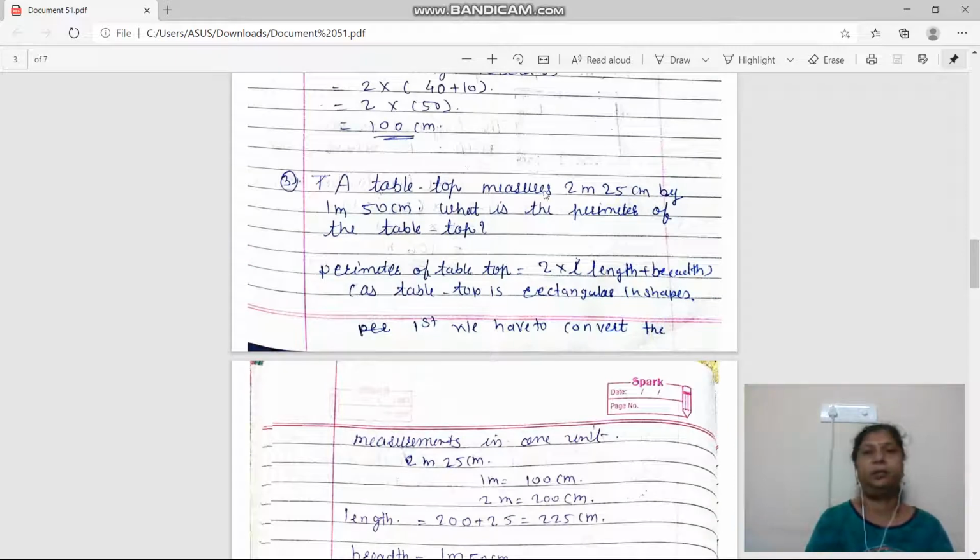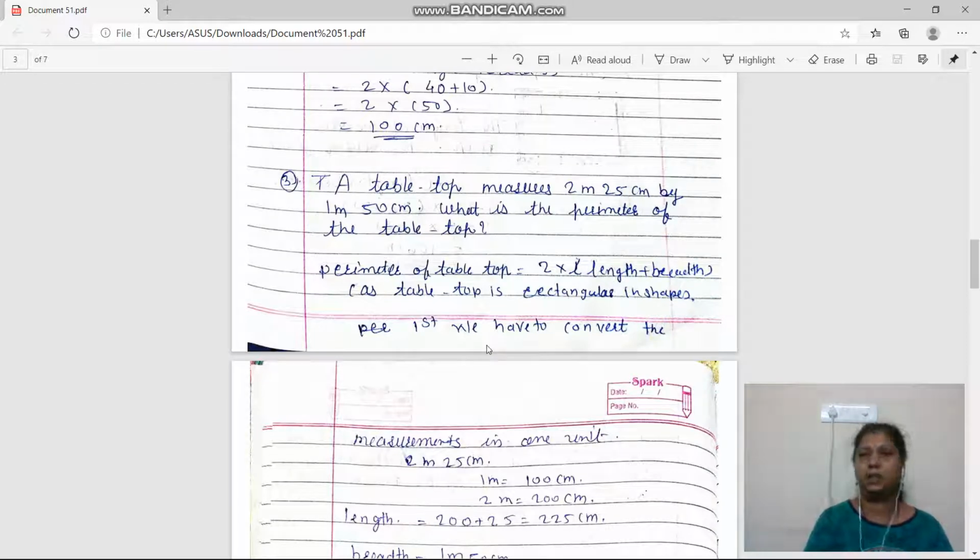A tabletop measures 2 meter 25 centimeter by 1 meter 50 centimeter. What is the perimeter of the table? Now, perimeter of tabletop is equal to 2 into (length plus breadth), as the tabletop is rectangular in shape. First we decide the shape of the given object.